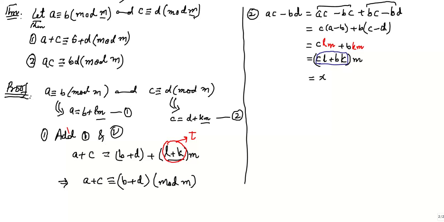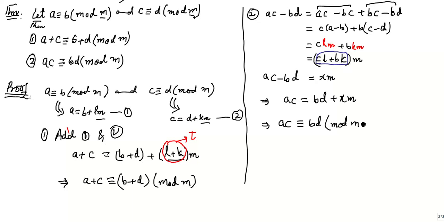So, you can replace this by xm, and here we have ac minus bd. So, you can also write this as ac is equal to bd plus xm. Then apply the first theorem here again to convert this equality into congruence. So, ac is congruent to bd modulo m. That completes the proof of the theorem. Okay, let us do an example.